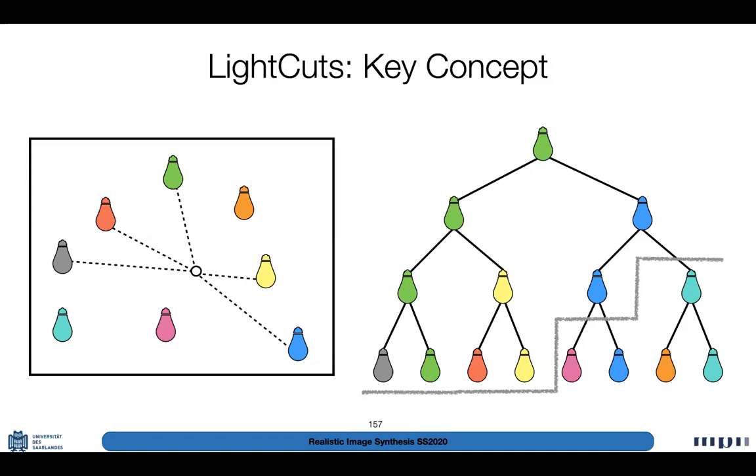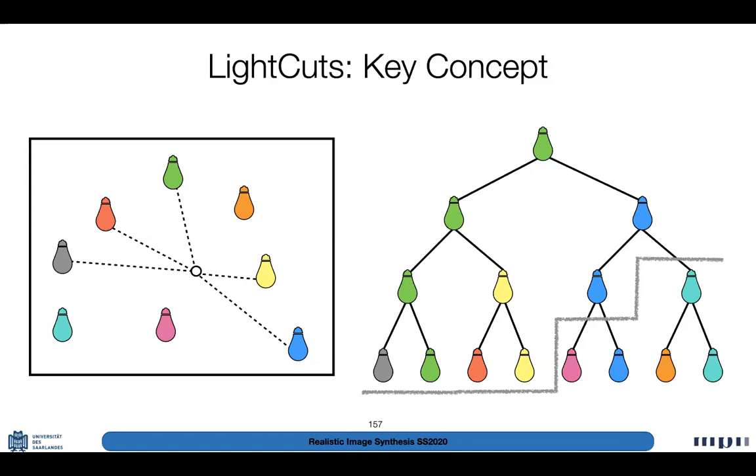If you really observe here, the green light, which is at the top, is always sampled, which means that some of the light sources are always given preference over others just because of the way the tree is constructed. And this could be a problem because maybe that light is not a good way to connect to the corresponding point which I want to illuminate.